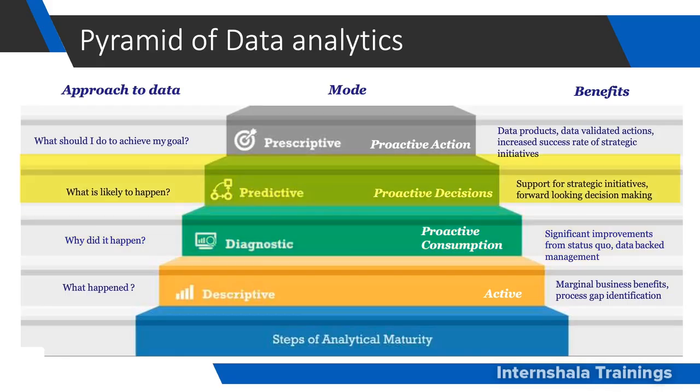Now the third step is predictive analytics. In this step, you are trying to find out what is likely to happen. So, in our example, as a chocolate company, you have seen a jump in sales in the month of August and September due to festive gifting.